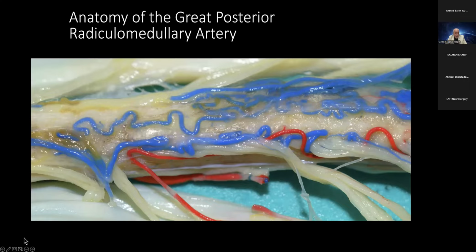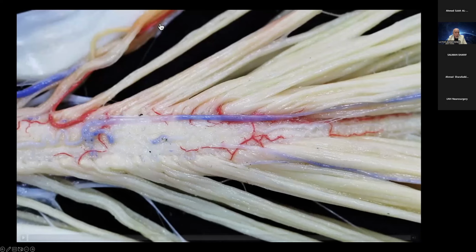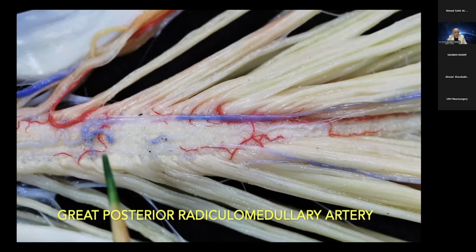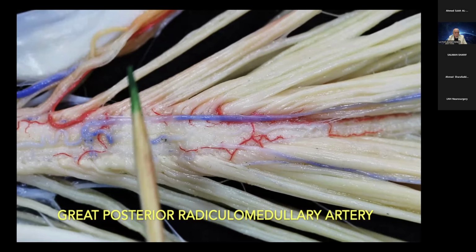So in this small video, I can show you the course of this great posterior spinal artery. And this is the posterior aspect of the spinal cord. Here we have the conus medullaris. This is a great posterior radiculomedullary artery. It is coming along the 12th thoracic nerve root on the right side.